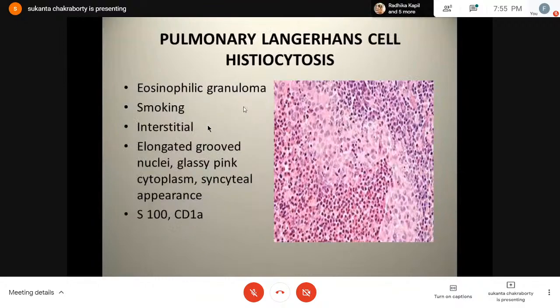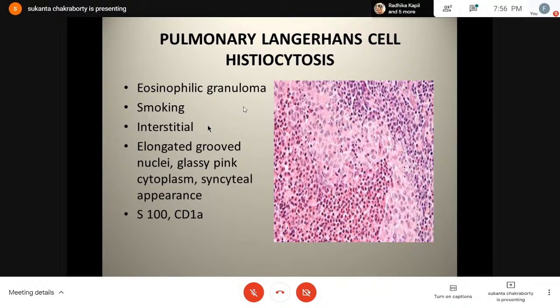Now comes some other entities which also give rise to an ILD-like picture, like pulmonary Langerhans cell histiocytosis, another name is eosinophilic granuloma, and now smoking-associated entities are coming. This is strongly associated with smoking, and there is interstitial involvement, so it comes in the discussion of ILD.